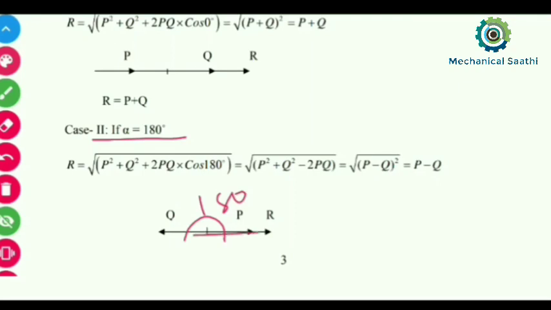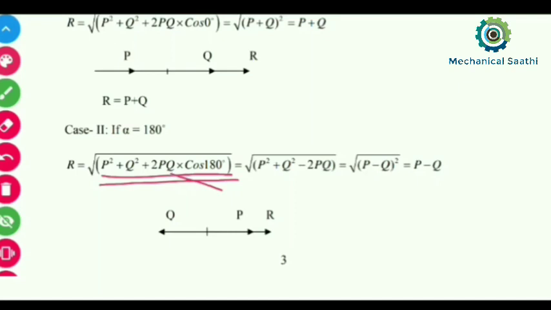Let p be acting in this direction and q in this direction, then what will be the value of the resultant? Let us find that out. Again we put these values. That will be equal to the square root of p square plus q square plus 2pq cos theta or alpha.